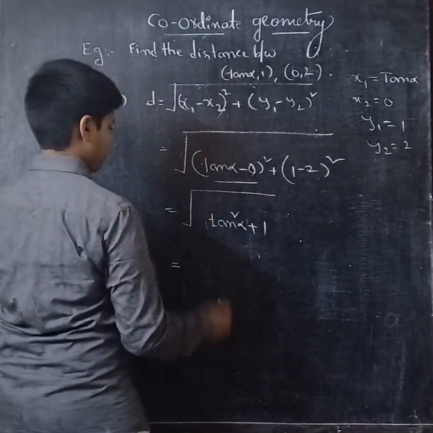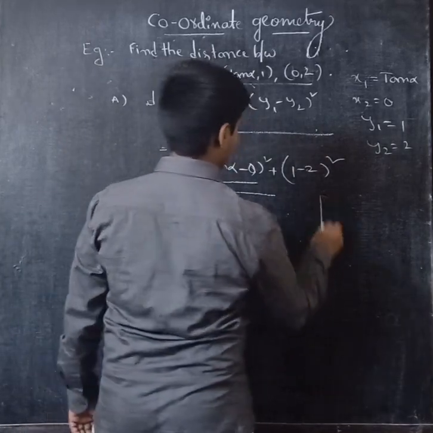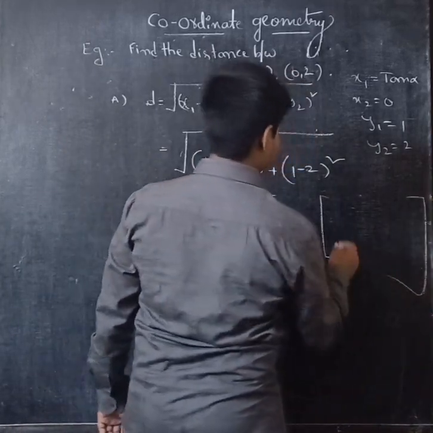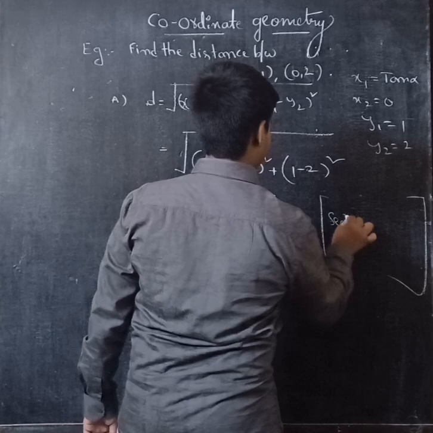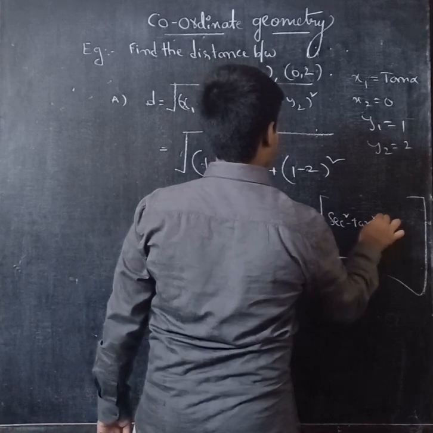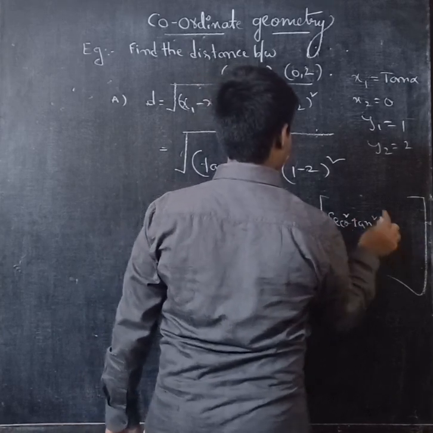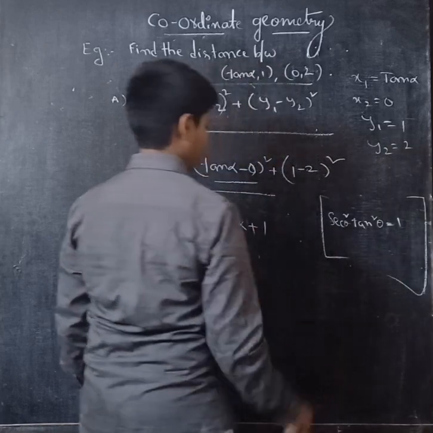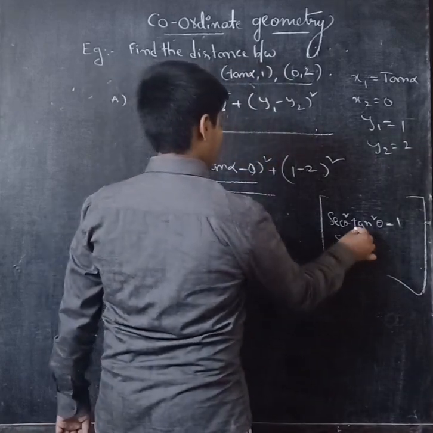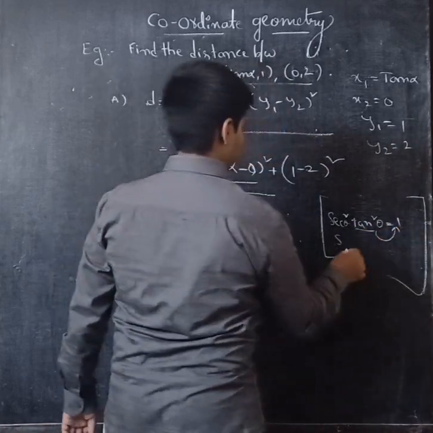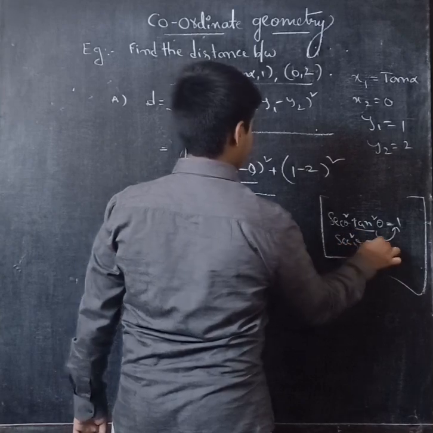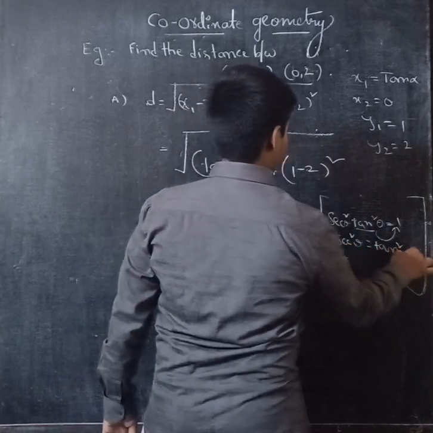Here we know one of the trigonometric identities: secant square theta minus tan square theta is equal to 1. If tan square theta is moved to that side, secant square theta is equal to tan square theta plus 1.